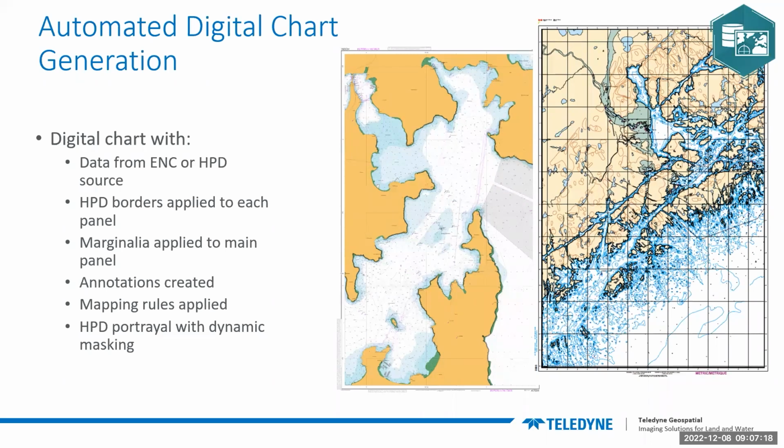So it takes that source vector data, as I spoke about, it applies the borders, the marginalia, the annotation, it will apply mapping rules. So some clients have mapping rules to pull out certain features for paper products. And then it applies over that the portrayal. And then there's different portrayal routines that some of you may or may not be aware of that we use to do dynamic deconfliction of features within paper charts. So we'll just go into a bit more detail about that.